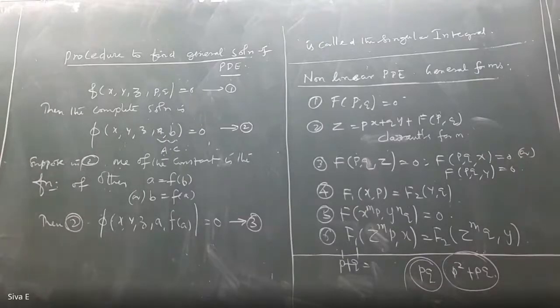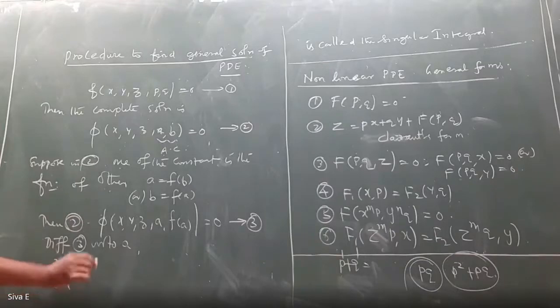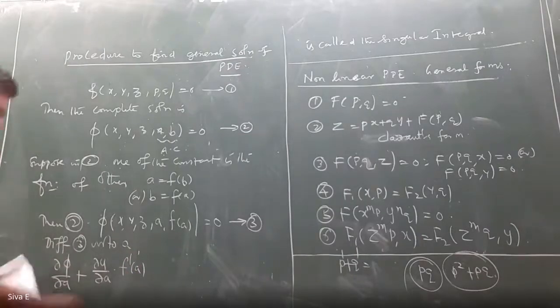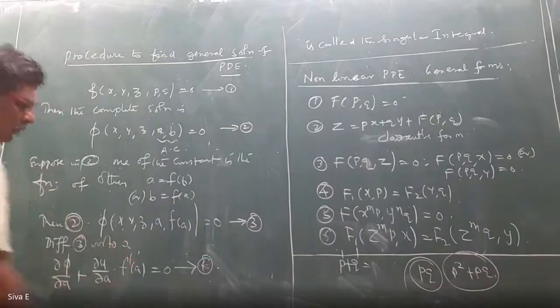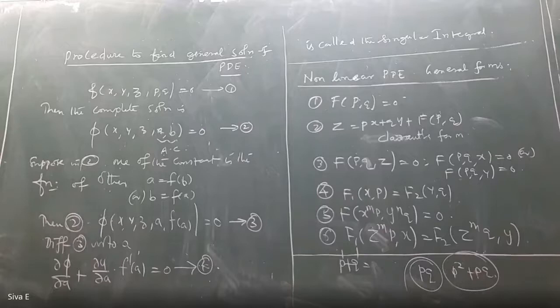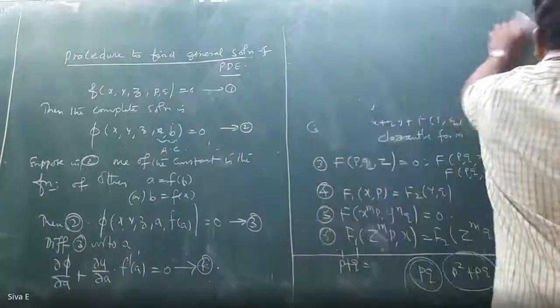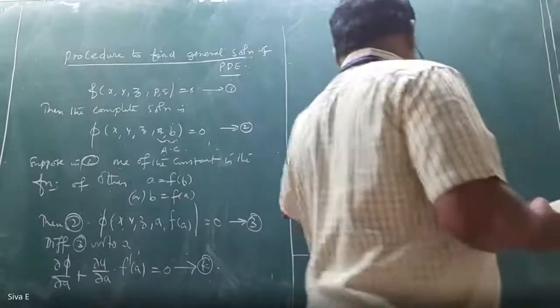Differentiating 3 with respect to a, we get dou phi by dou a plus dou phi by dou f into f dash of a equal to 0. This is equation number 4.